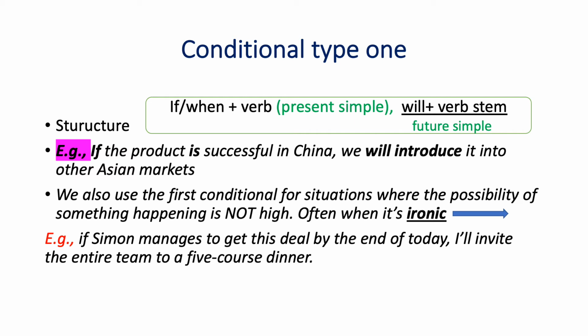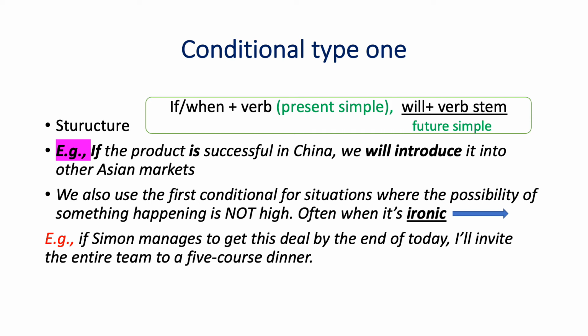We also use the first conditional for situations where the possibility of something happening is not high, often when it is ironic, meaning sarcasm, okay, so here you can use conditional type 1, okay, this is a specific situation.